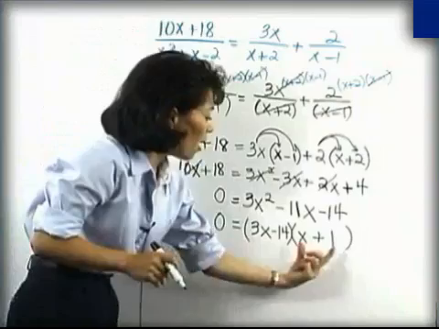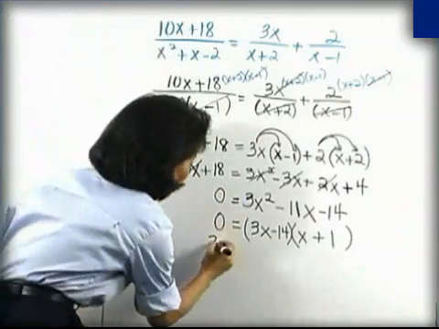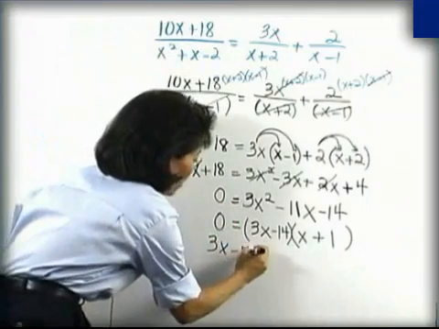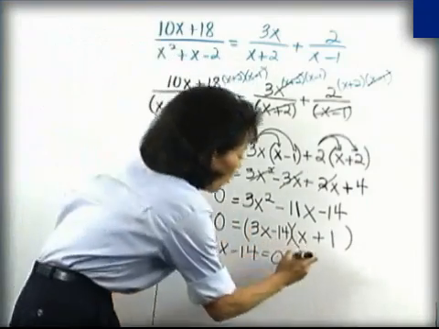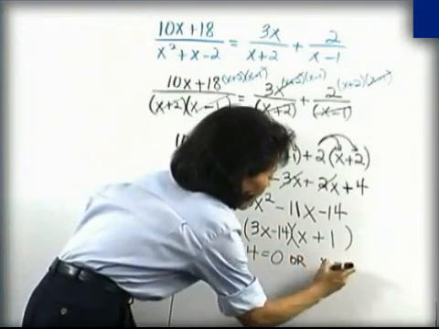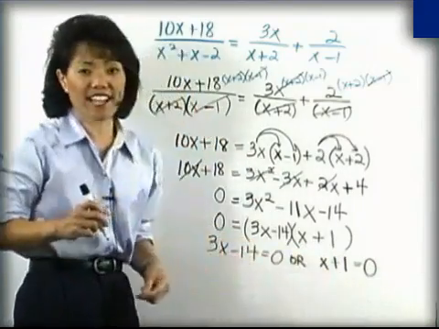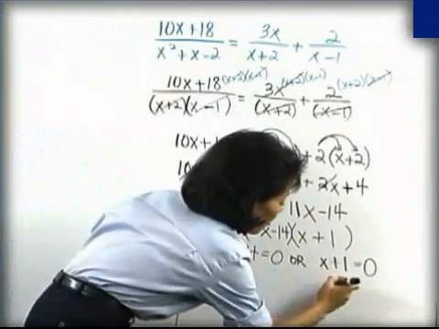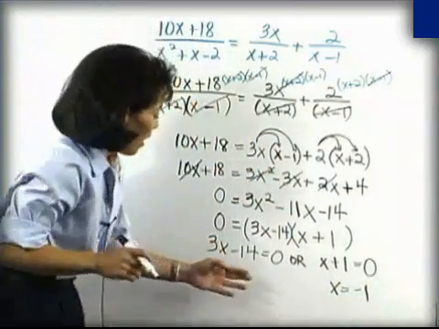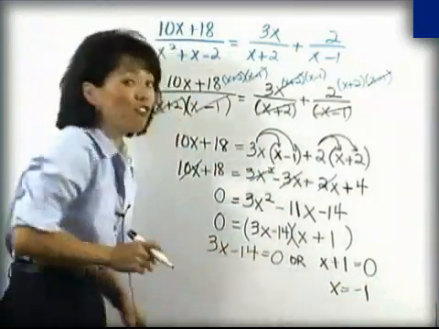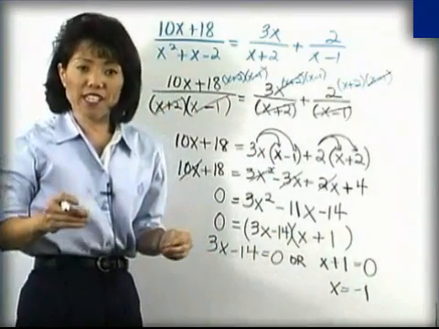Now that I have a product equal to 0, I can apply the zero factor property. I know that 3x minus 14 equals 0, this first factor equals 0, or the other factor, x plus 1 equals 0. Since I'm down here and I see that's easy to solve, my first possible solution is x equals negative 1. On the second side here, we're going to add 14 to both sides, and then after that, divide both sides by 3.